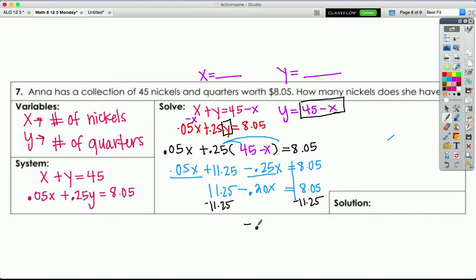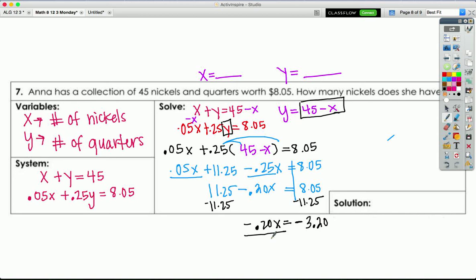So I'll get negative 0.20x equals 8.05 minus 11.25, which gives us a negative something. 8.05 minus 11.25. Negative 3 point what?